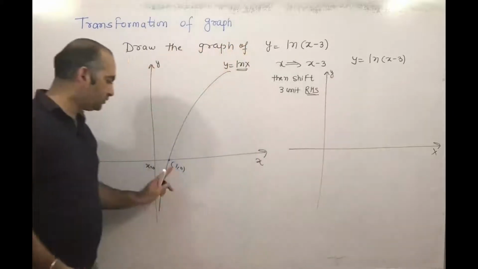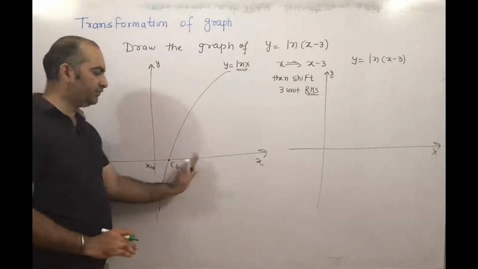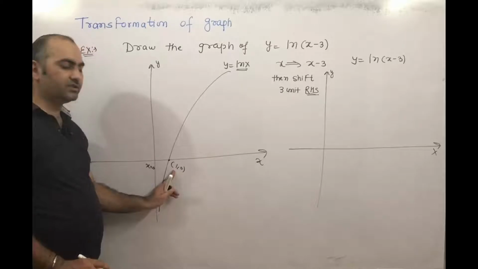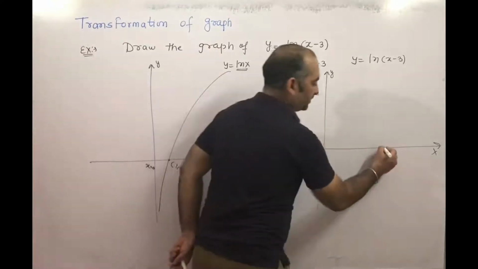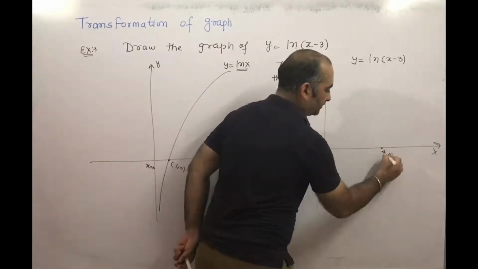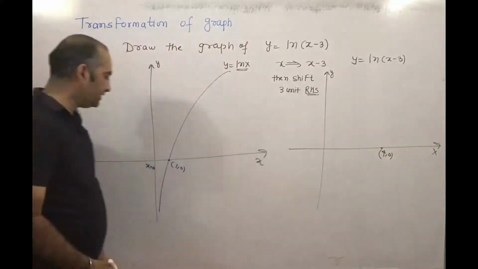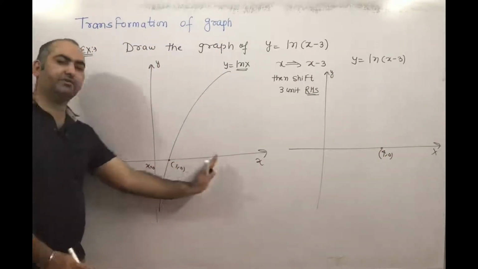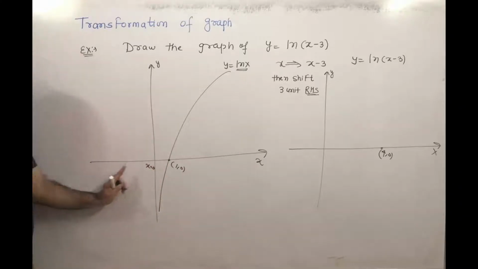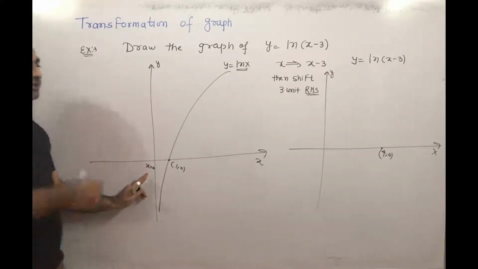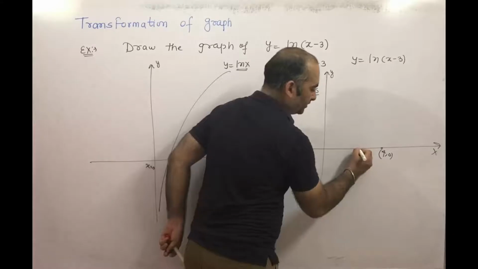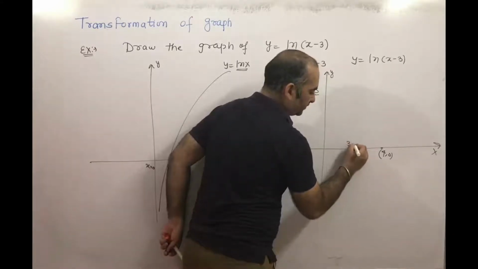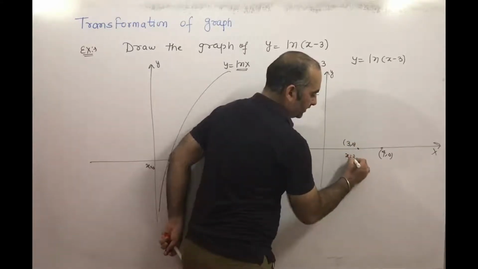This point is 1, 0. If we shift 3 units right, this will reach 4, 0. At x equal to 0, this side we have the graph, this side we don't. If you shift 3 units this side, we'll get 3, 0. So this is x equal to 3.